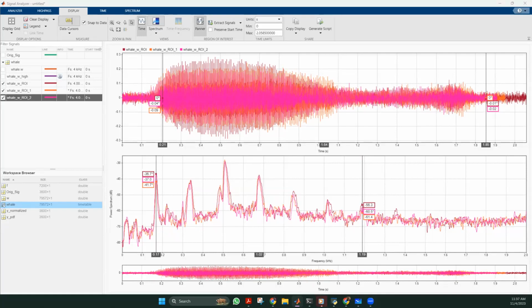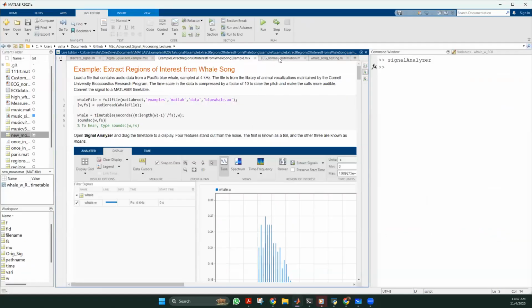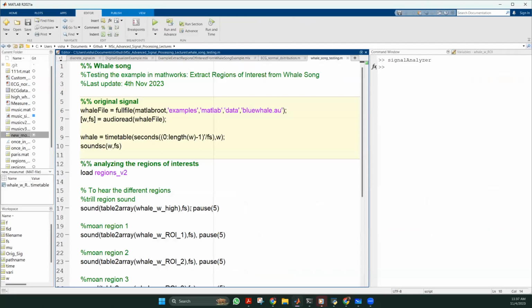So I will go back to the command window and I will run. I have already coded this. So I will run the different sound components that we can obtain.